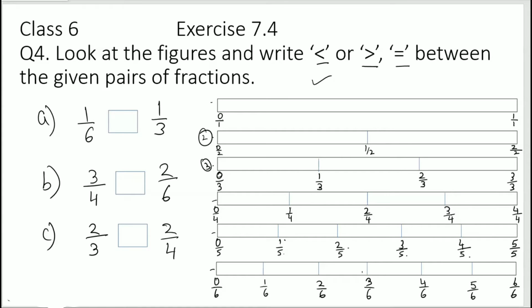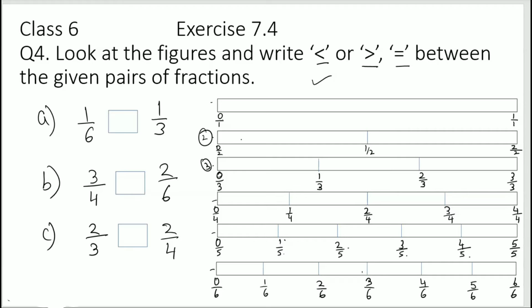So we have to understand that these rectangular bars are of equal length and they are divided into different parts depending on which one it is. For example, the second was divided into 2 equal parts. The sixth one is divided into 6 equal parts, but it's the same length which has been divided. All right. Now let's start.